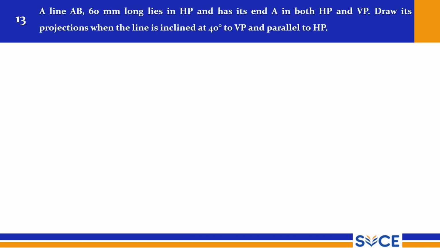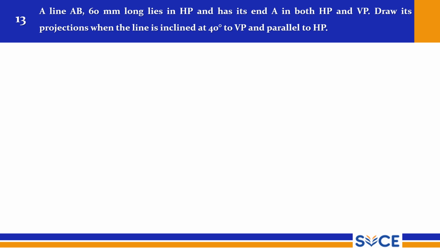A line AB 60 mm long lies in HP and has its end A in both HP and VP. It means that point A is in HP and VP, so it is obviously on the XY reference line.